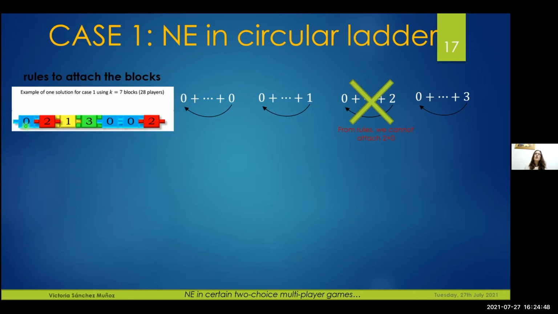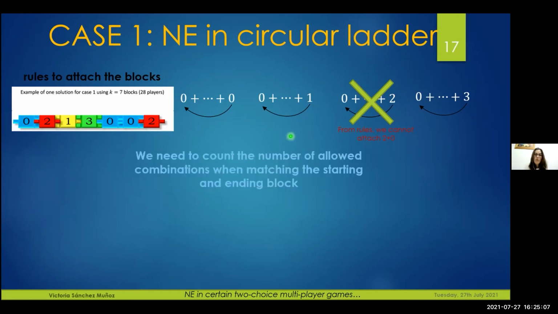So we could use the procedure as before, but we need to get rid of those solutions because they are not valid for our circular ladder, because again, you cannot attach the last block to the first block. So we need to count the number of allowed combinations when we match the start and the ending blocks.